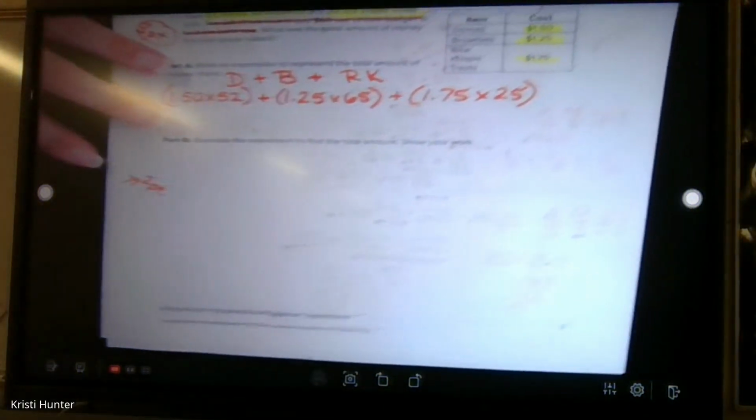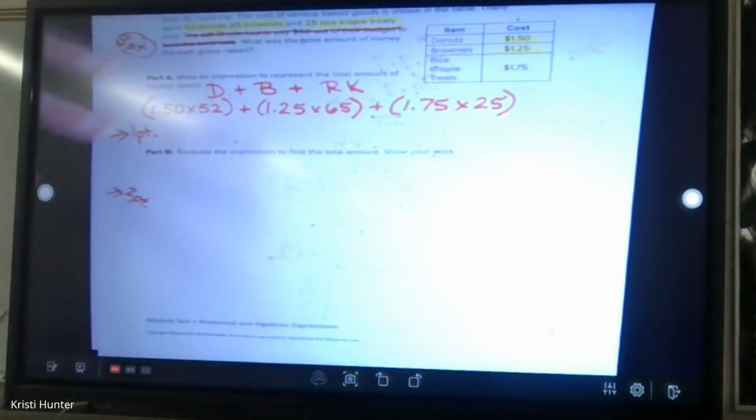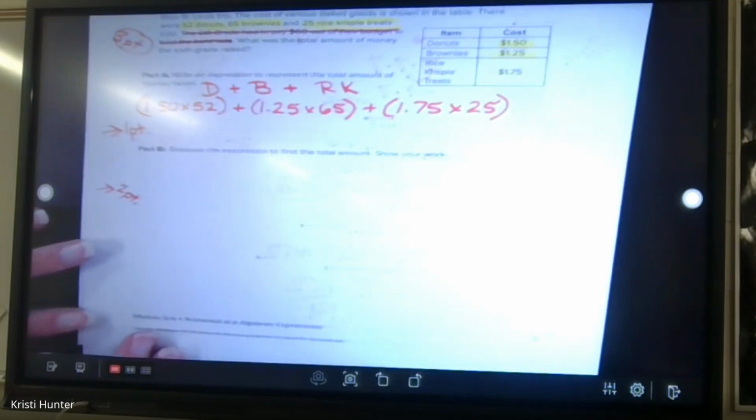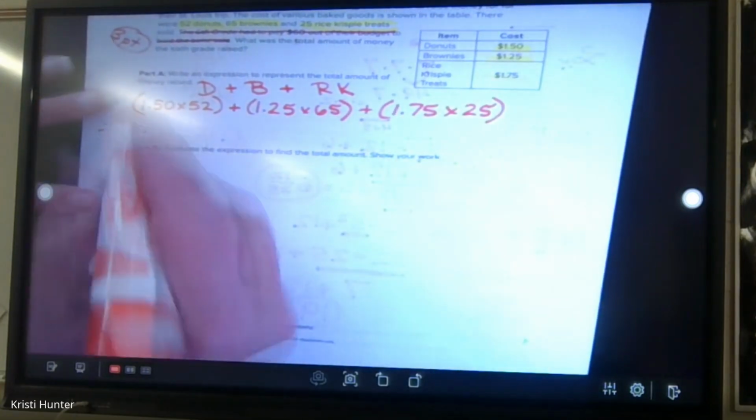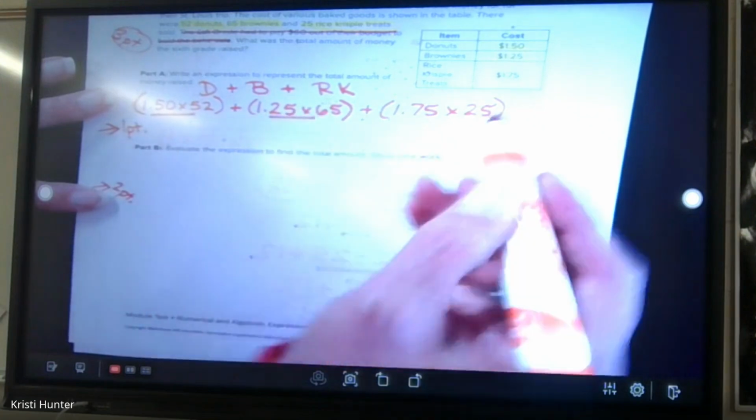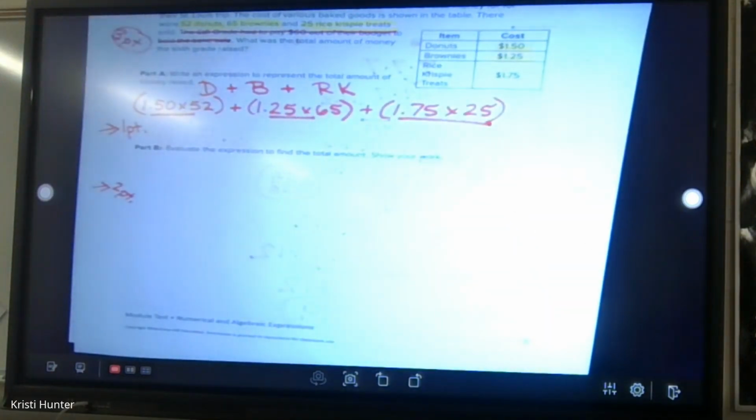So order of operations says I'm going to do my parentheses first, or multiplying first if you choose not to do the parentheses. So I'm going to evaluate and find out how much I make when I sell the donuts, how much I make when I sell the brownies, and how much I make when I sell the Rice Krispie treats.